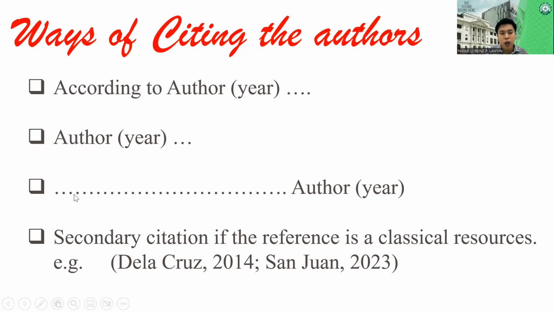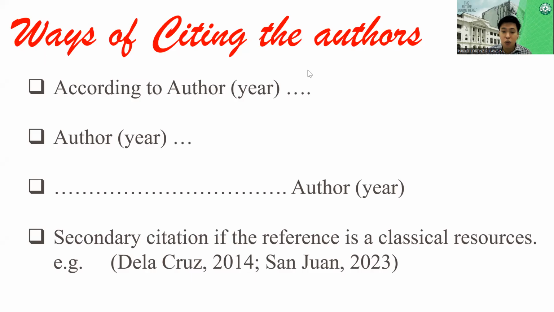Or you can start with the statement that they have reported. You check it, right? The content that they have mentioned, you just rephrase them, then replace the author and the year.